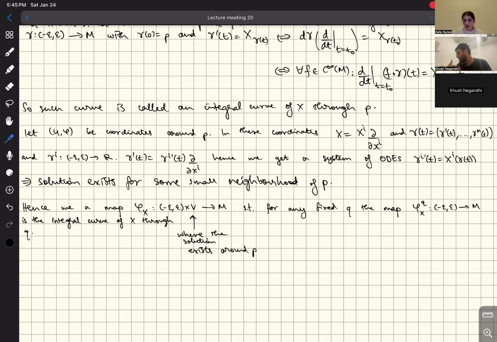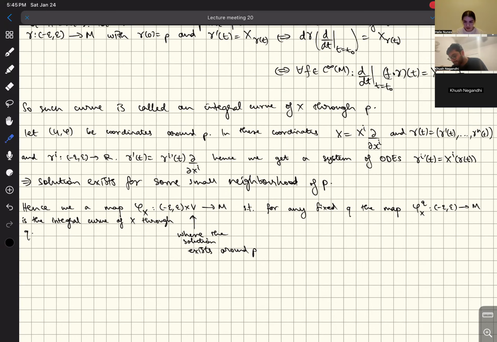And now since the solution exists, on that open set of existence we have an integral curve from negative epsilon to epsilon.